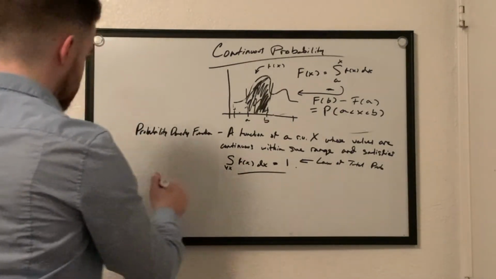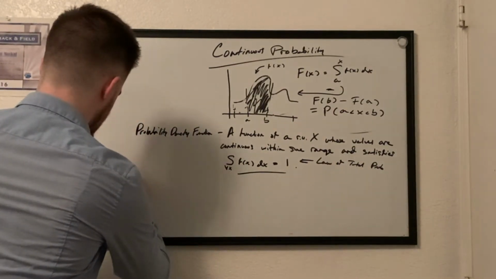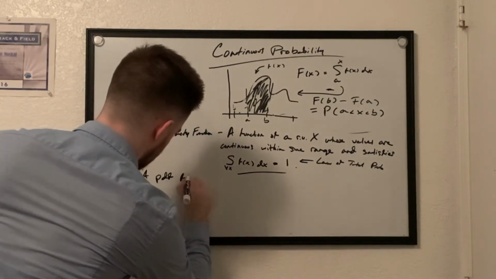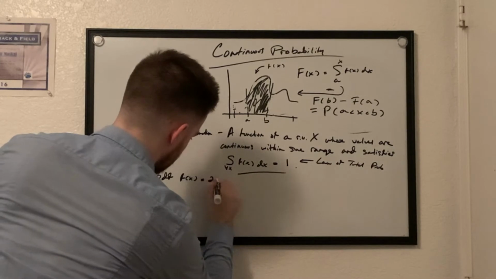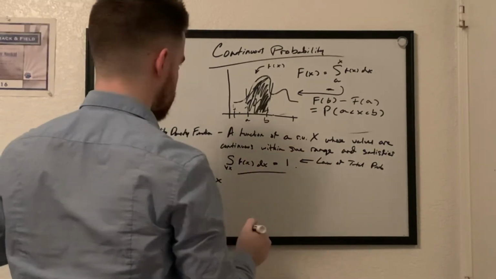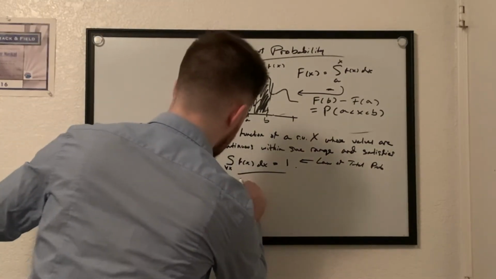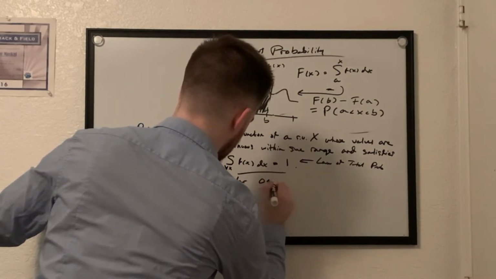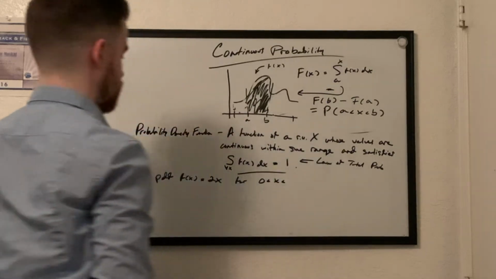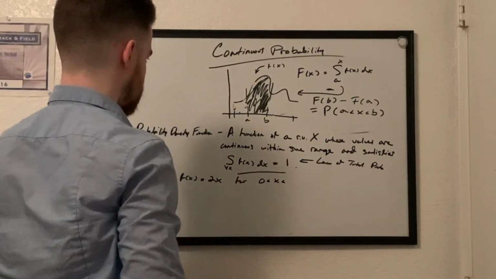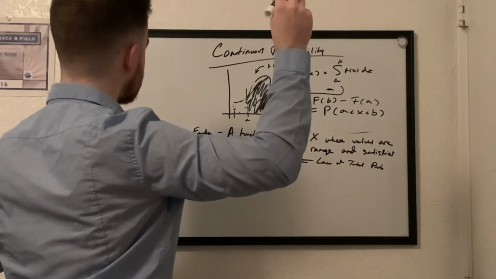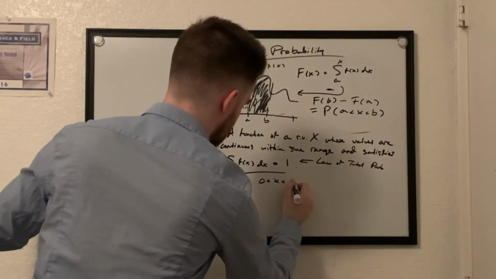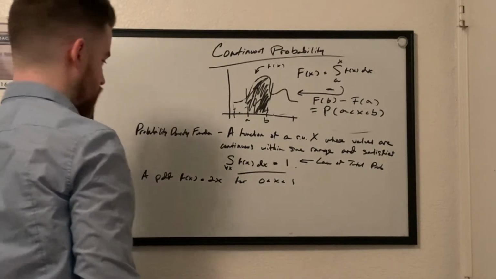So, let's suppose we have a probability density function f of x that is equal to 2x, for x going from 0 to 1, if I remember my example correctly.